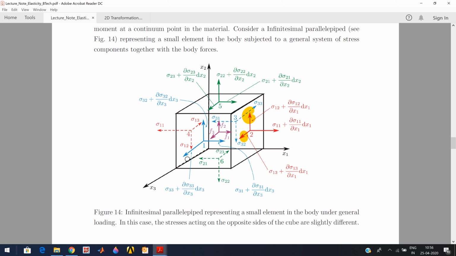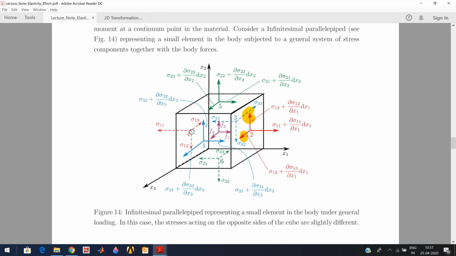And then we have considered incremental changes because we are considering a body which is under a differential or non-uniform stress state. So the values on one surface can be different from the other surface, and there can be some incremental changes.